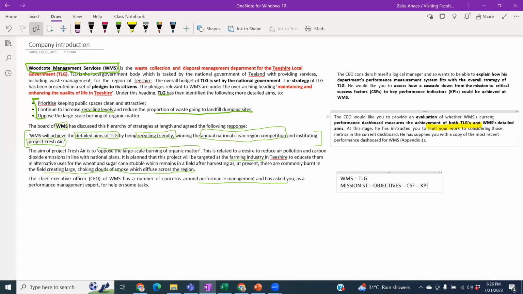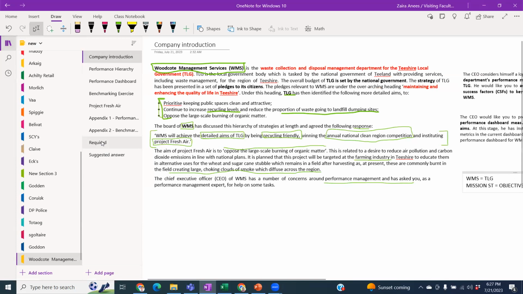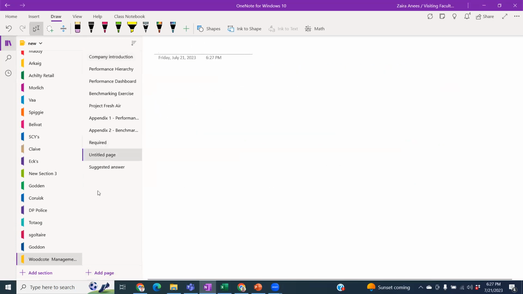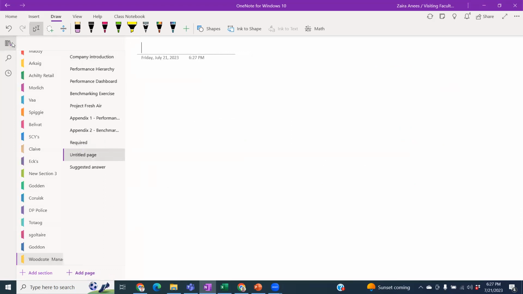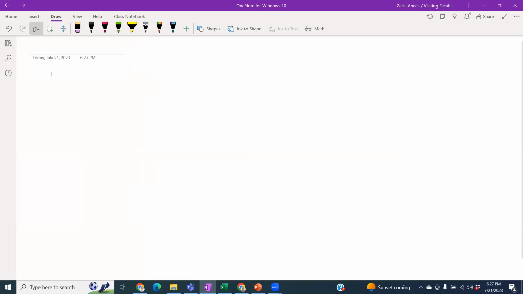So what I believe, if you are writing the answer, first just forget about everything, what you have to write, what you have to do. Try to start with structuring your answer. The first professional part of communication. I don't know if you guys have ever written a first report or not. I mean, reported the first requirement or not.